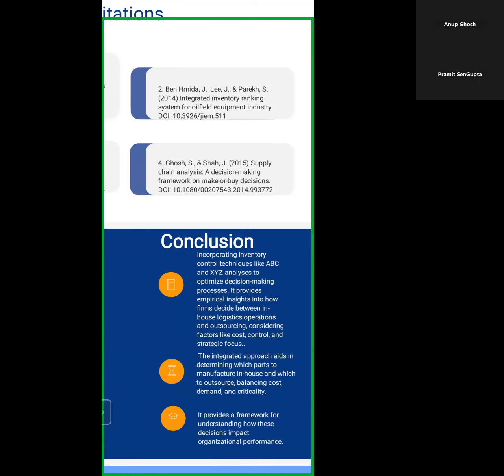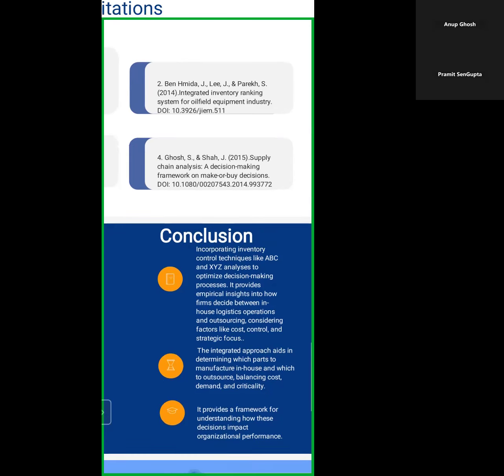The next main fulcrum of this study is that the integrated approach aids in determining which parts to manufacture in-house and which parts to outsource, on a balance of cost and consistency.